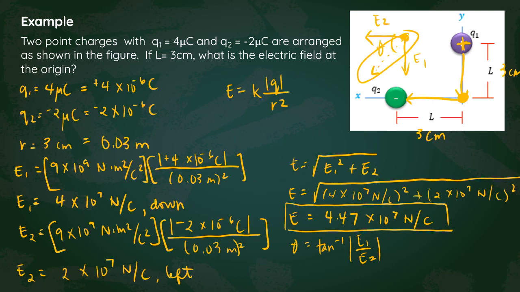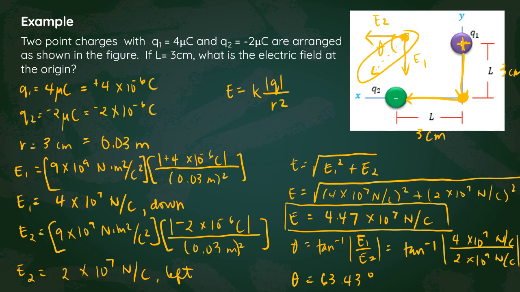E1 is opposite and E2 is adjacent, so we have this formula to solve for the angle, which is arctangent of E1 divided by E2. Substituting our values, that's arctangent of 4 times 10 raised to 7 newtons per coulomb over 2 times 10 raised to 7 newtons per coulomb. So your direction will be 63.43 degrees.